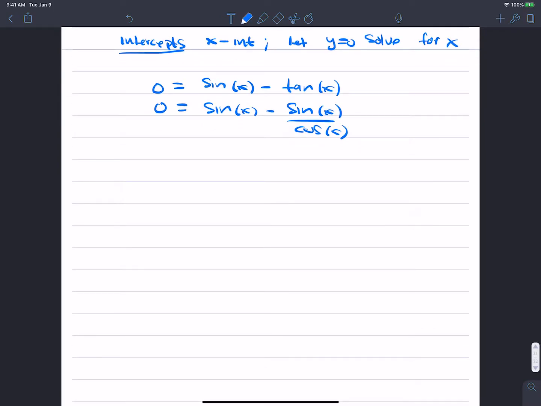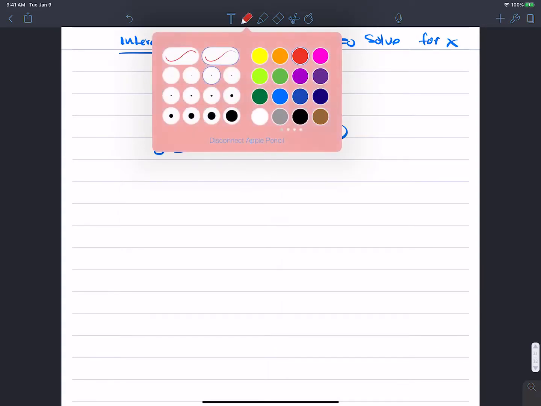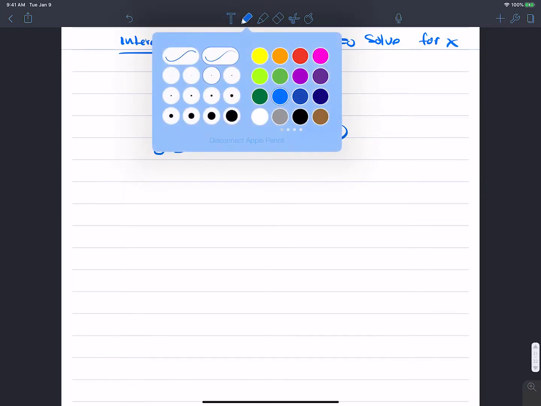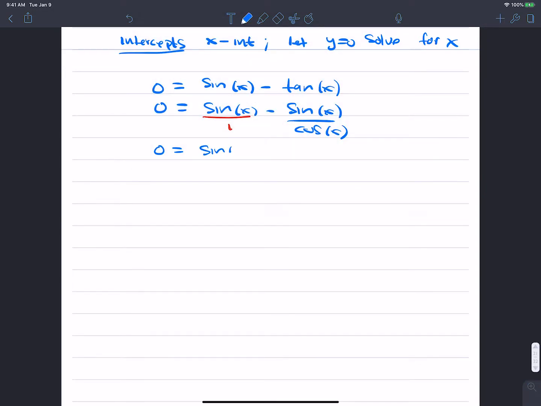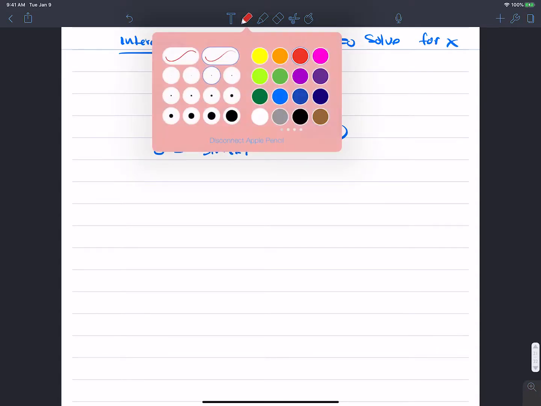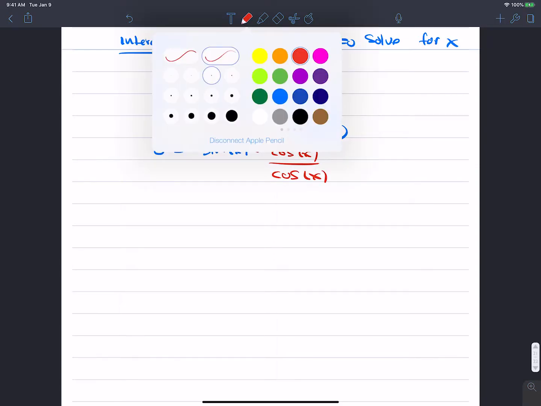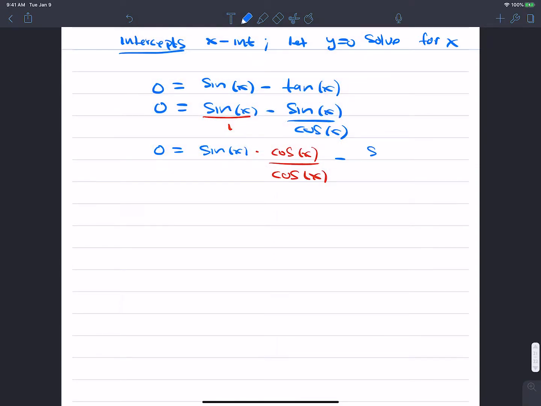Now, what you can do to solve this trig equation is subtract these rationals. We can think of it that way and say, okay, you got this over 1. And what that does for us is we have now sine x times cosine x over cosine x minus sine over cosine.